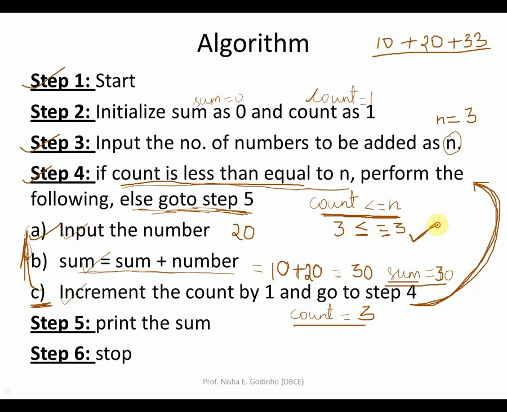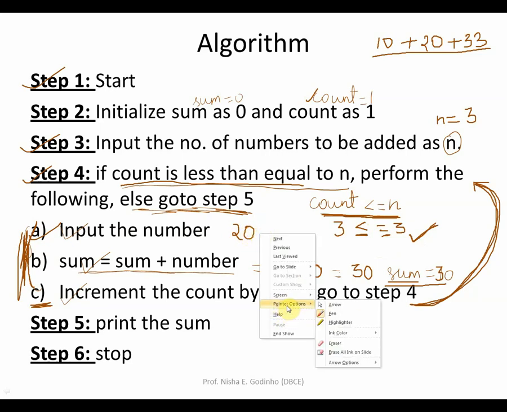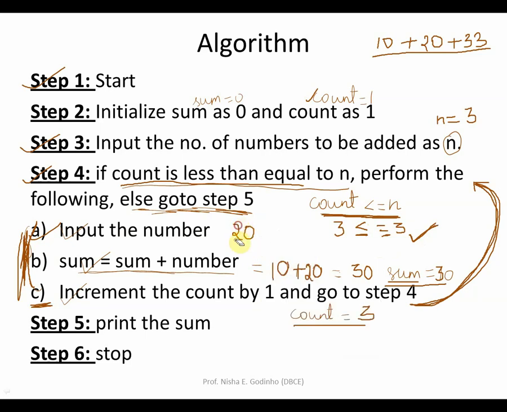So because this condition is correct, we again execute these 3 steps, A, B and C. So what is the number to be taken as input? The third number. The third number is 30, hence we erase the 20 and we'll write 30. So the equation will be sum equal to sum plus number.